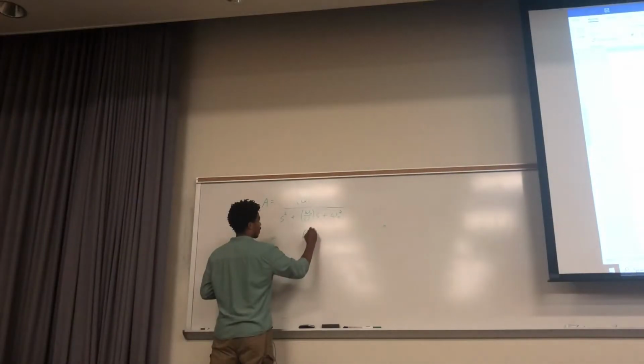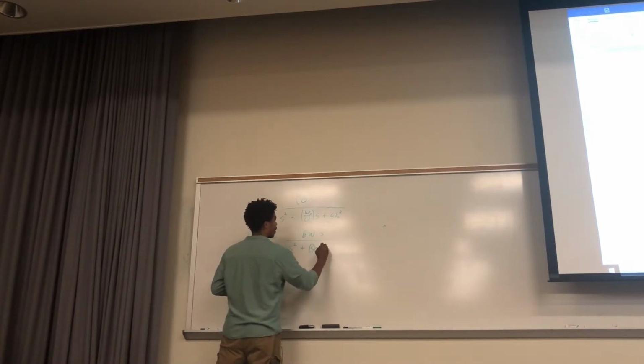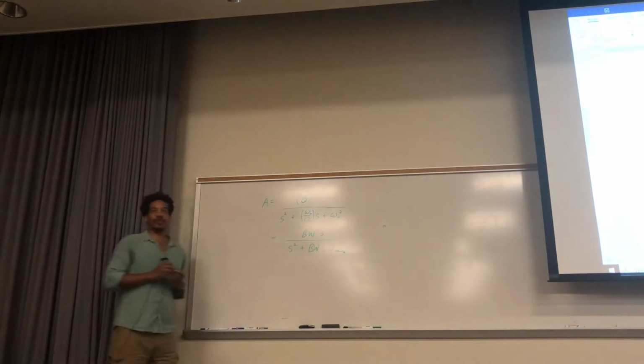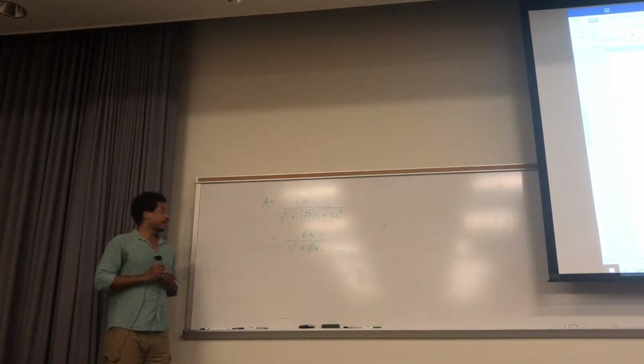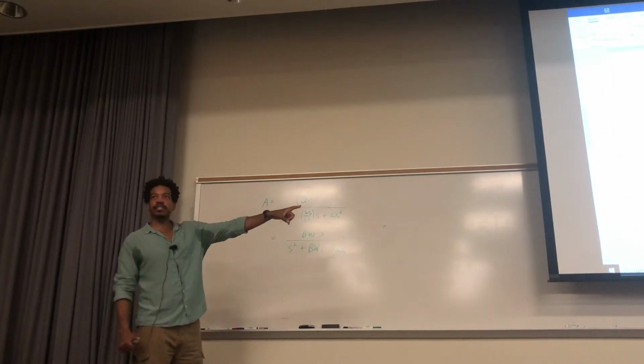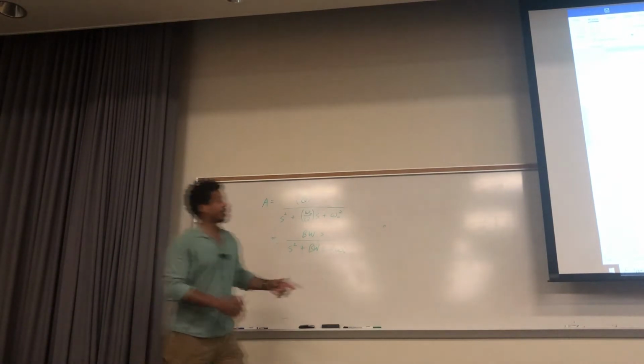Or you could think of it like this, where this is bandwidth over S squared plus bandwidth S plus omega squared. You could think of it either way, same thing. Once you have it like that, then you can just pick off your terms. Once you massage it to the right, you force it into the right format.